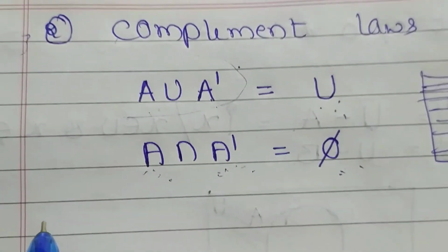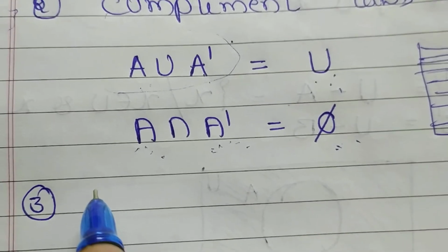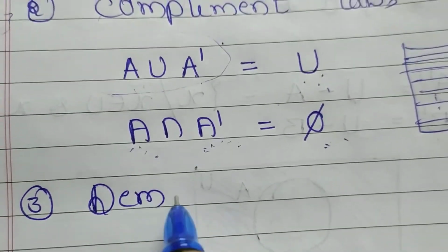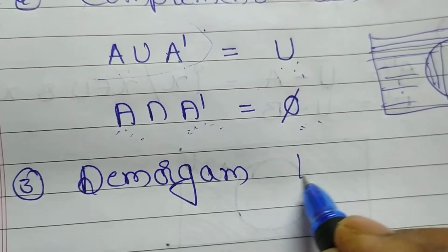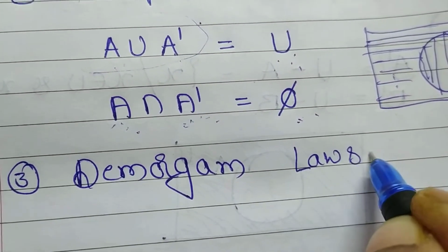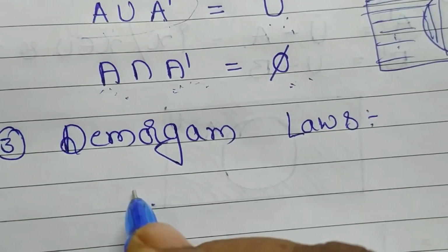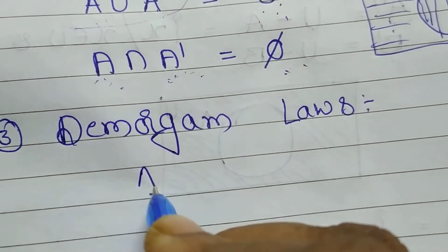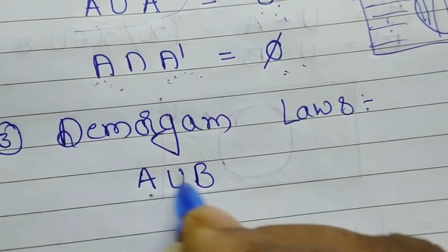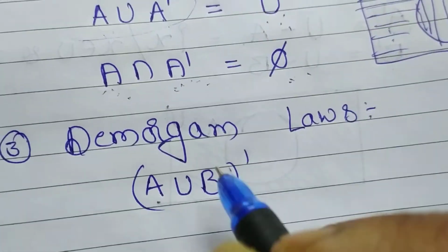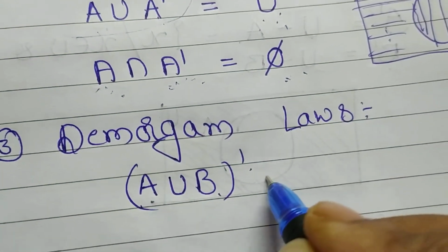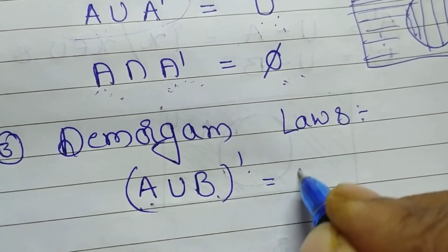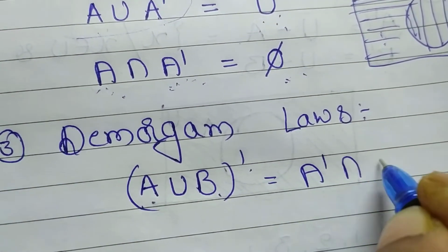The next one is the very important one, that is the De Morgan laws. So these are the laws given by De Morgan. That's why they are called the De Morgan laws. What it says is that A union B whole complement, means the complement of the union of two sets, will be the intersection of their complements.